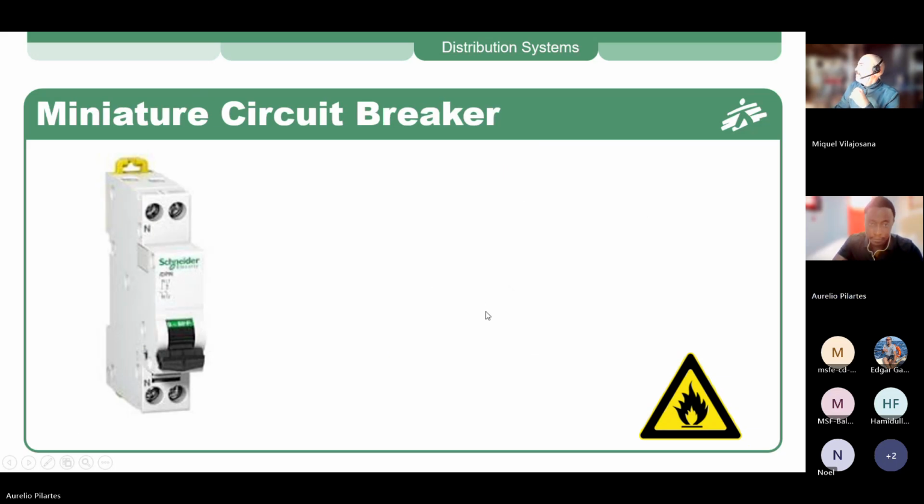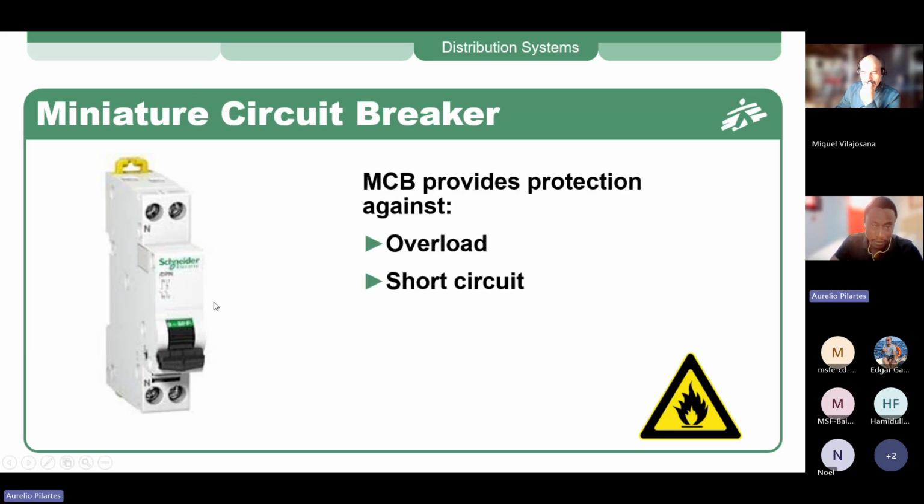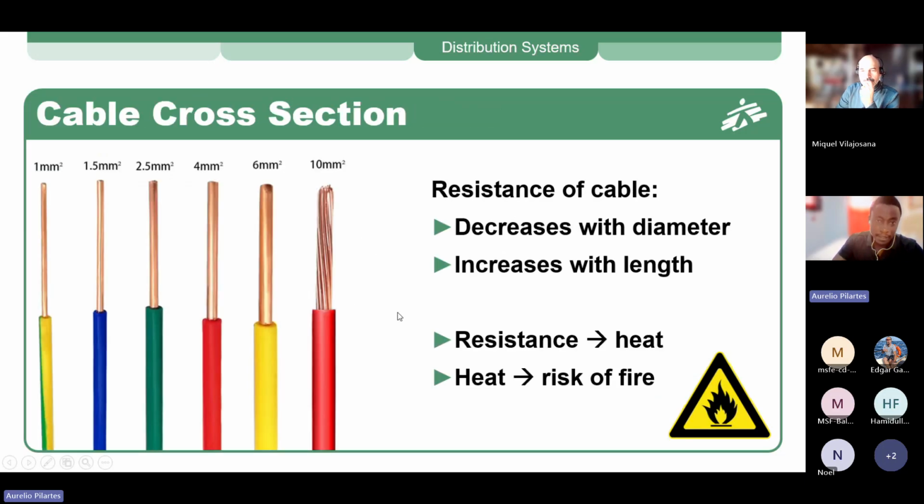And here we have the miniature circuit breaker. As we were describing previously, it's intended to protect the circuit against overcurrent and short circuit. And then the cable cross section, as we explained before.